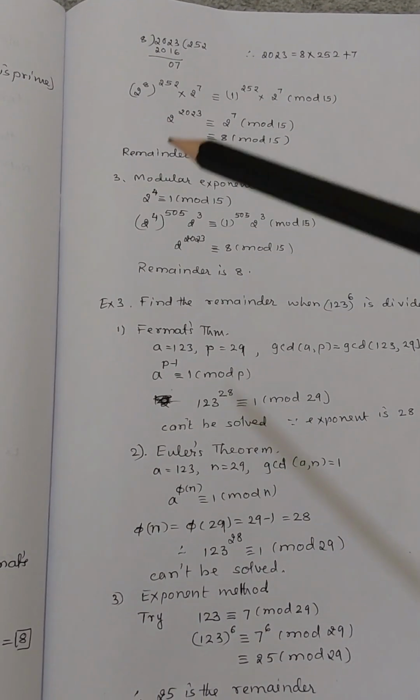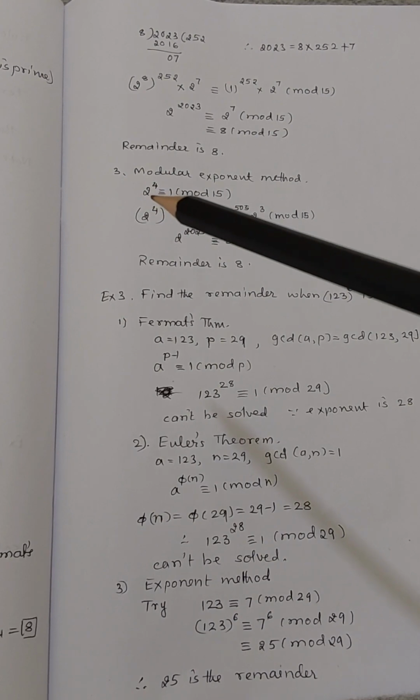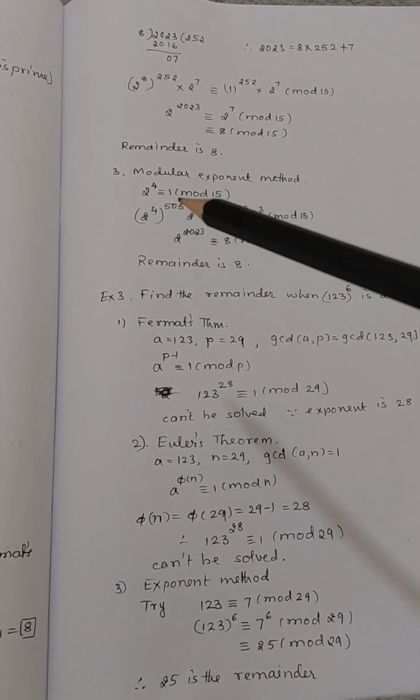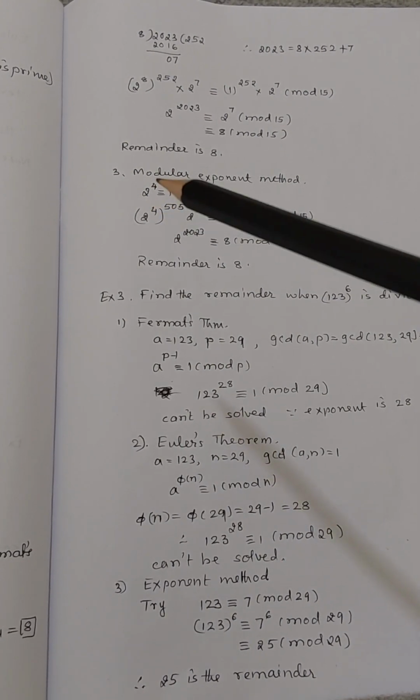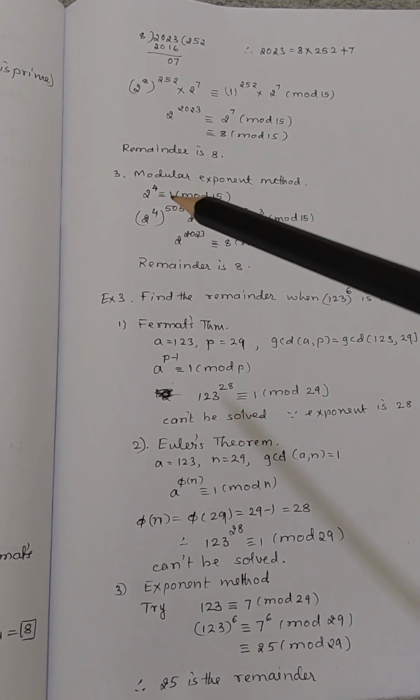We can also use the modular exponent method. So we try with a small power of 2 so that we get a small remainder. 2 power 4 is 16. 16 divided by 15 gives the remainder as 1.